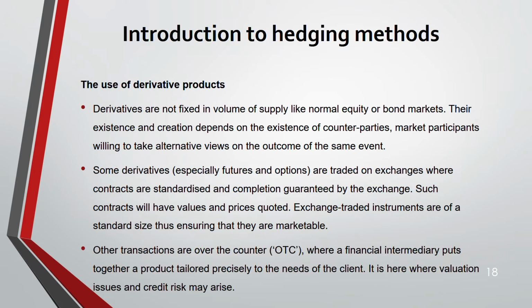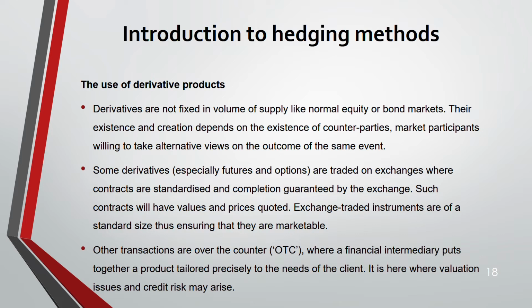On the other hand, we have what is known as OTC. This comes in the exam. They sometimes ask you to compare the advantages or disadvantages of exchange traded derivatives versus OTC derivatives. This question can come, so you have to know this. OTC, over the counter transactions, means it is not traded on a stock exchange. How is this done?